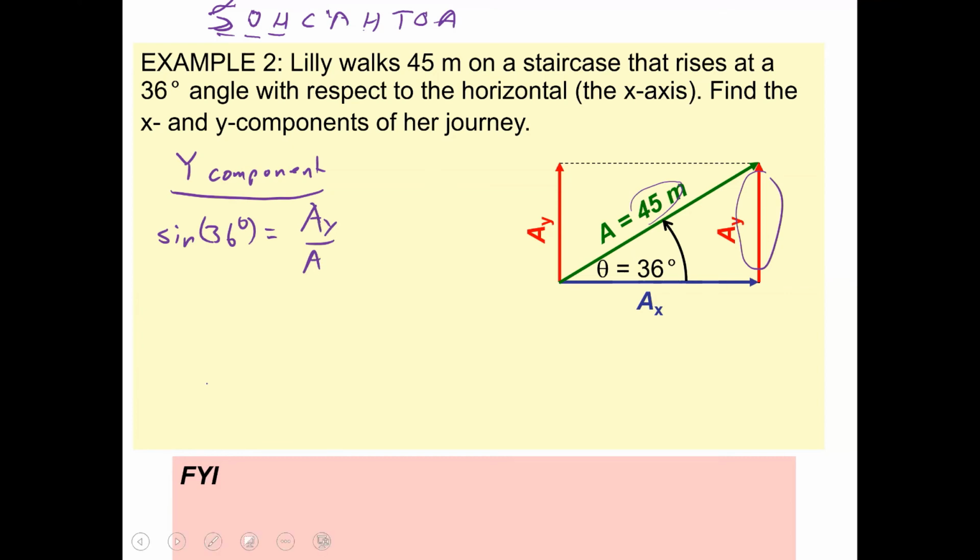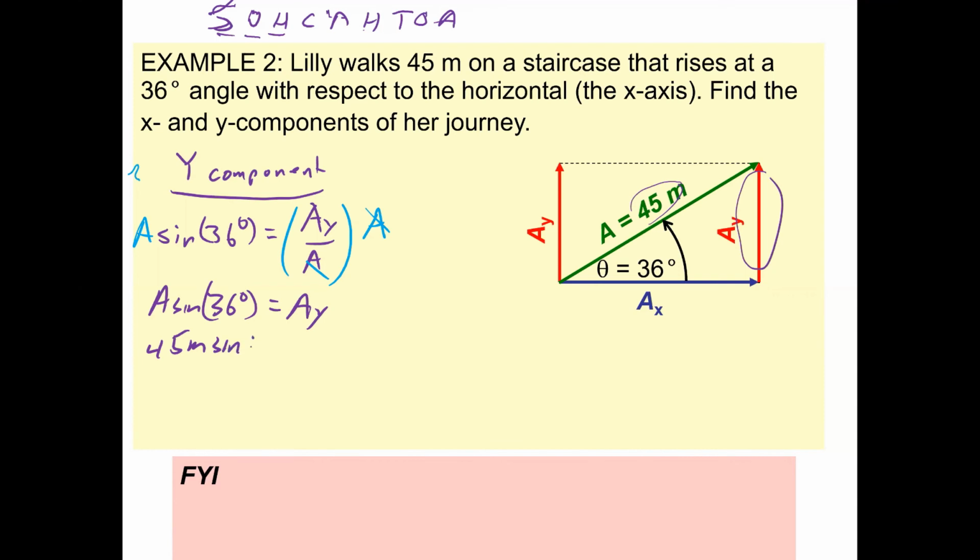Once again, I just want to be very clear and transparent about what I'm doing here. I'm solving for A sub y, so I have to multiply both sides by A. The A's cancel, and I'm left with the result that A sine of 36 degrees equals the y component. The A I know to be 45 meters.